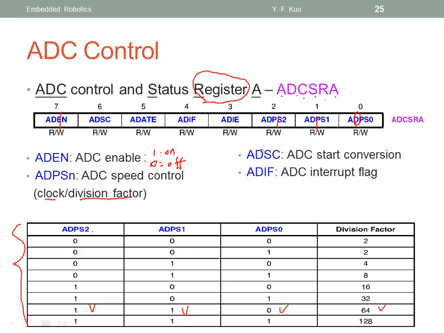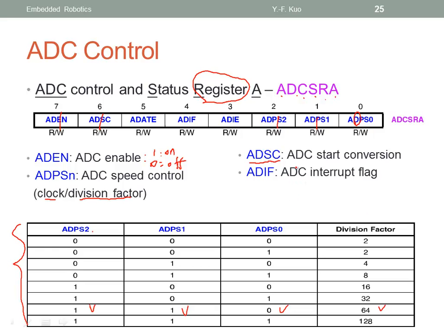And if we want to start the ADC conversion, we write 1 into this ADSC bit. It's right here. We write 1 into it, and it starts to convert. And how do we know if the ADC conversion is done? It takes a few steps for the ADC to work out what the analog signal is.